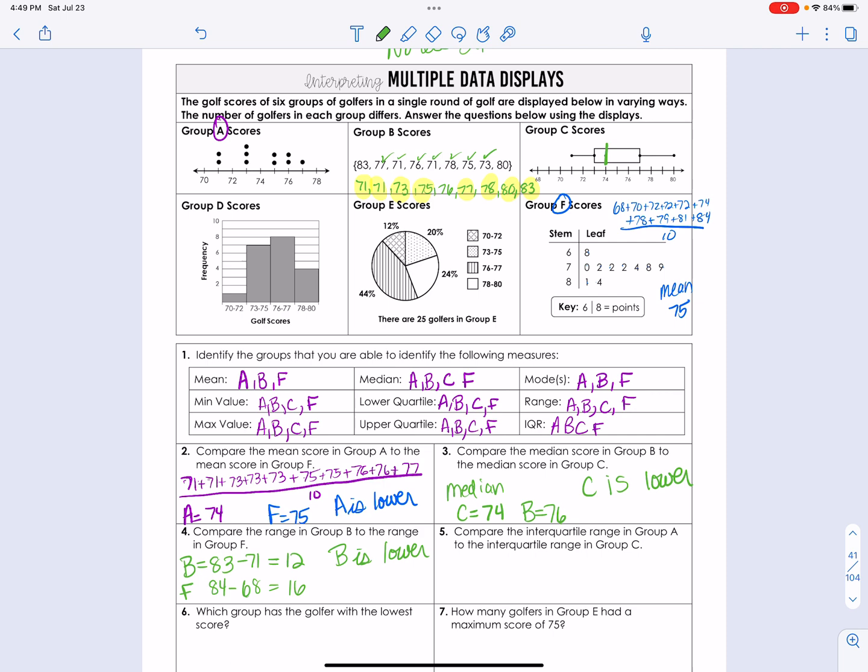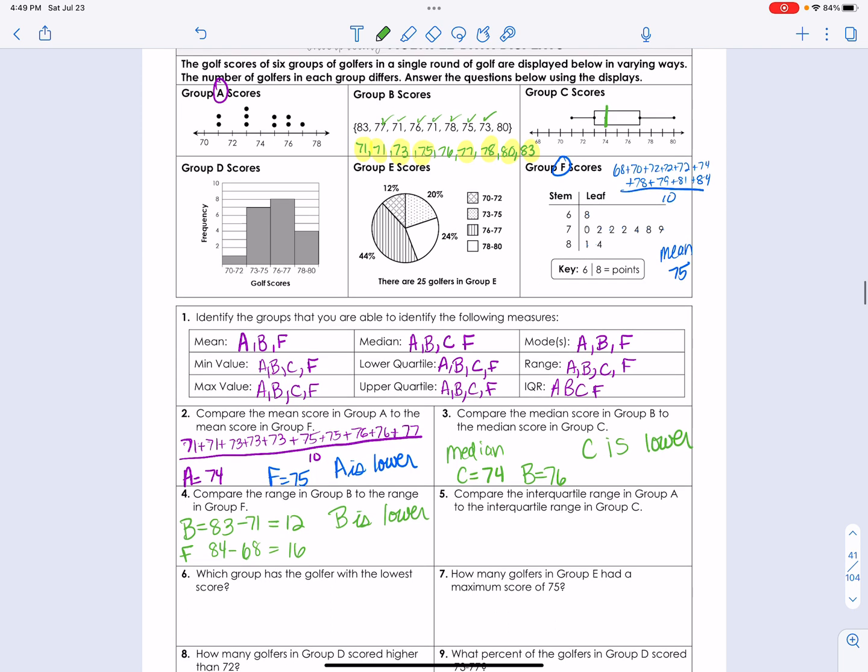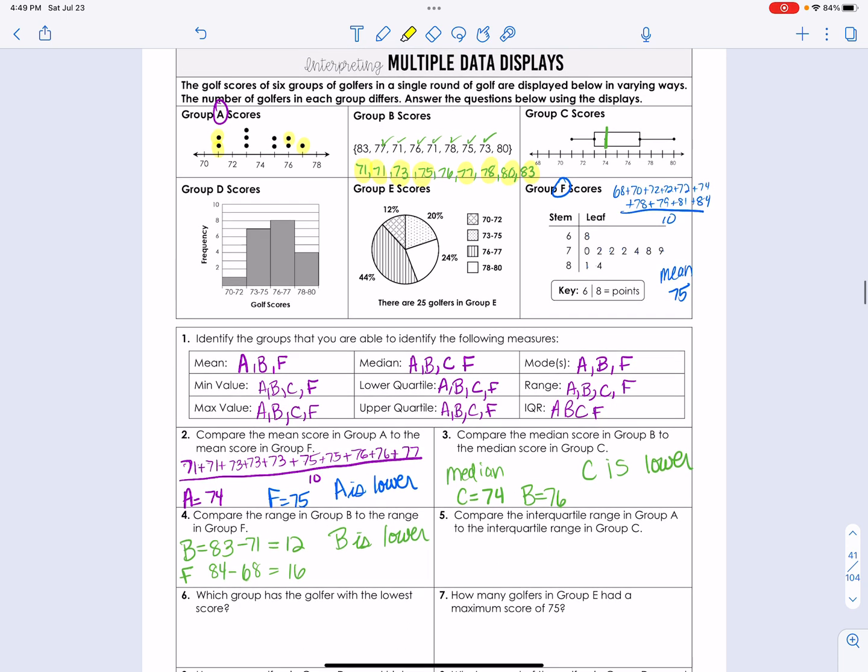Okay, so it wants you to compare the interquartile range of group C to group A. Group A is going to be a little hard to do. I'm going to use a highlighter. It might be easier just to list them out, which I already did on this purple.